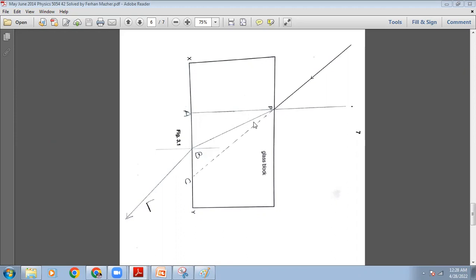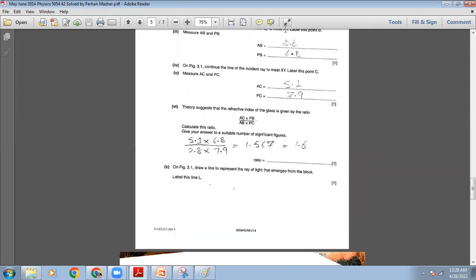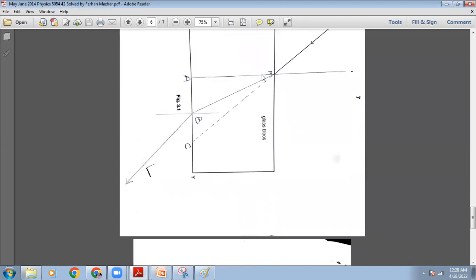Then with the help of your protractor, measure this angle with the normal. This should be 24 because he said in the question that the angle of refraction inside the block is 24. So put the protractor here, mark 24 degrees. I put a dot here and join it up to this point.